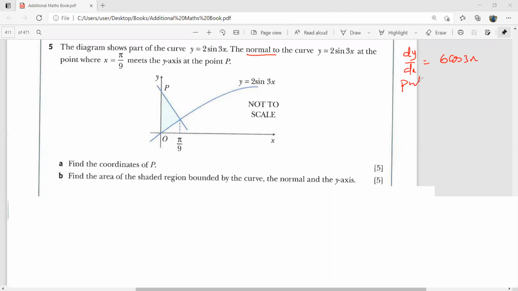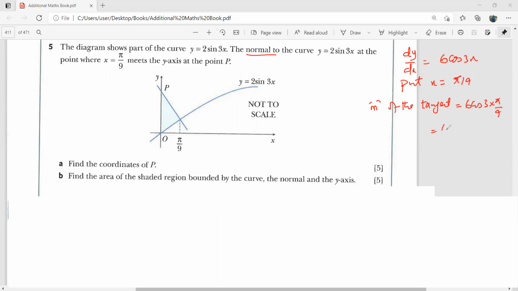Now we shall put x equal to pi by 9. So we'll be getting the gradient of the tangent. Gradient of the tangent will be 6 cos 3 into pi by 9.